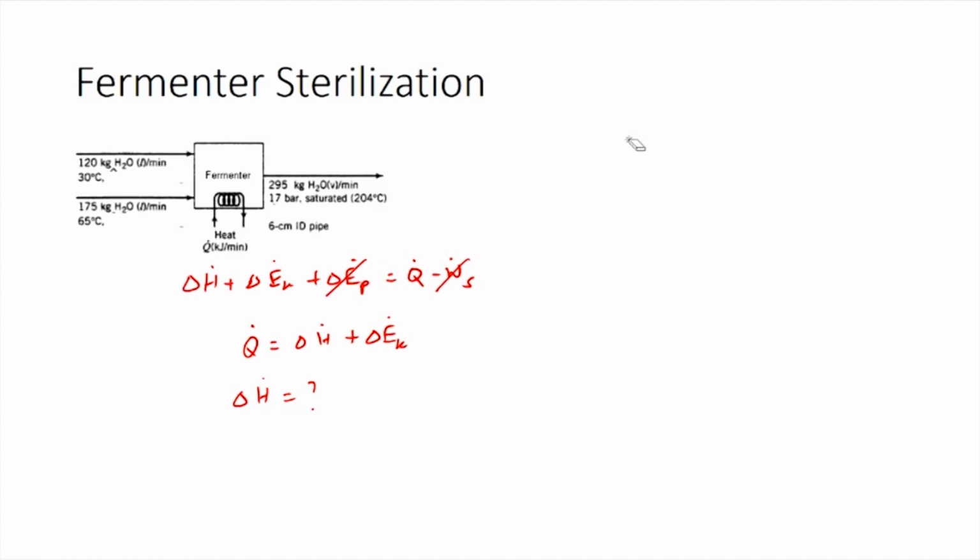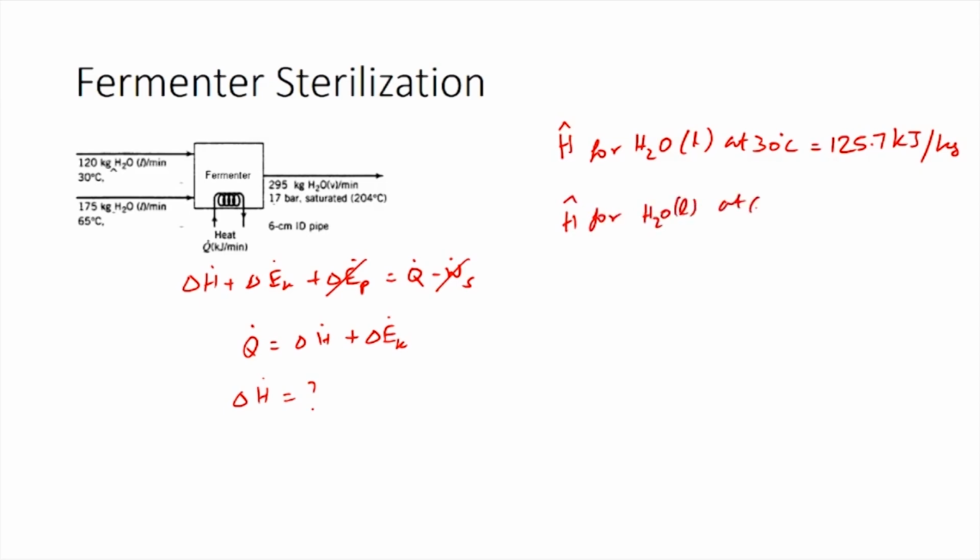Using the steam tables, we can identify the specific enthalpy for water liquid at 30 degrees Celsius is equal to 125.7 kilojoules per kilogram. Similarly, the specific enthalpy for water liquid at 65 degrees Celsius is equal to 271.9 kilojoules per kilogram.